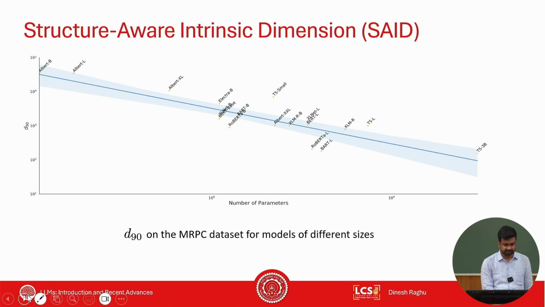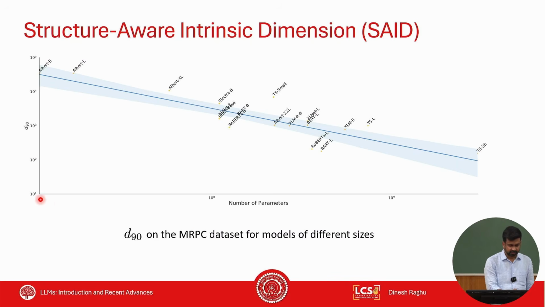So initially this notion was called intrinsic dimension, now it's called structure aware intrinsic dimension. Here they did this particular way of fine tuning the model and figuring out what is the D that gives you 90% of the accuracy that you would get with full fine tuning.